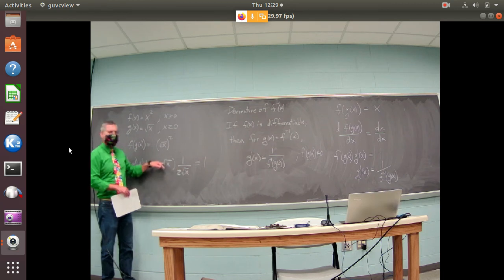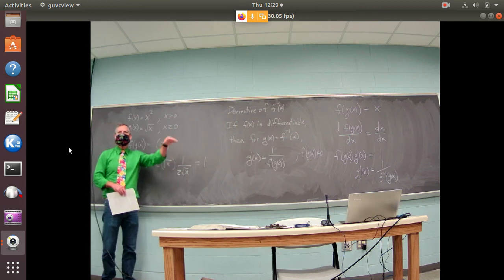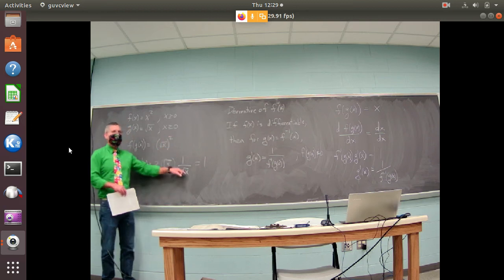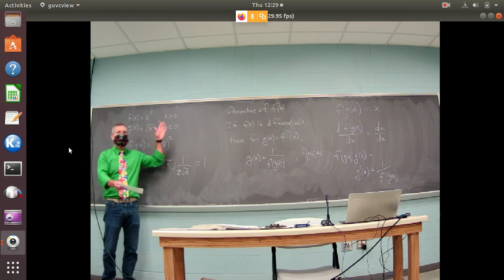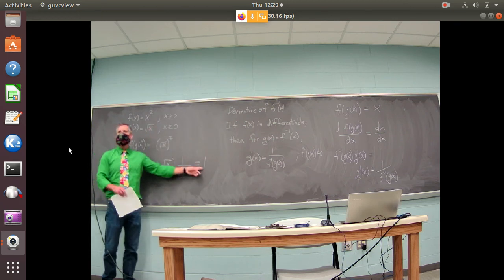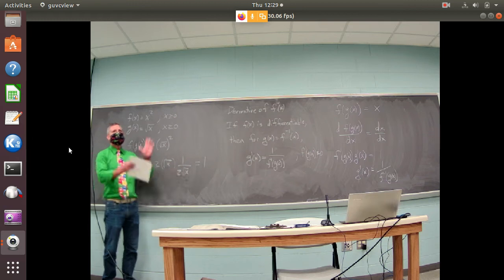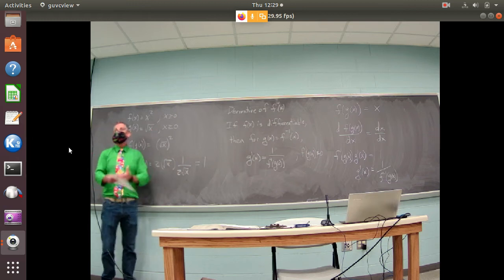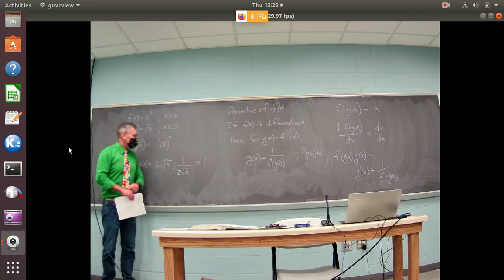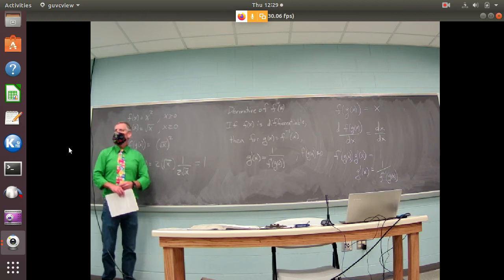The reason is whatever's here could actually oscillate back and forth between positive and negative as it goes to 0. And so this would also have to oscillate back and forth between positive and negative infinity in order to make that 1 for a limit. And so this may not have a limit, but it diverges in absolute value, I'm sure, to infinity.